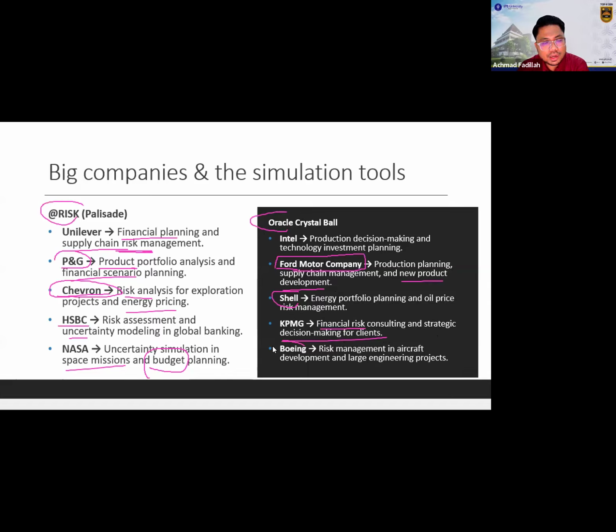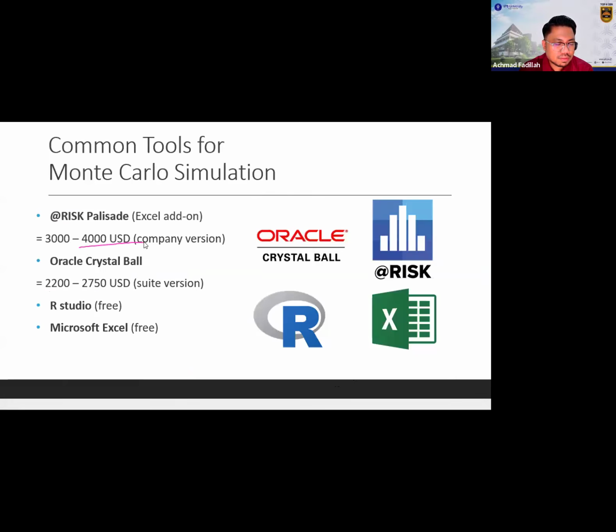And even Boeing, the airline manufacturer, uses Oracle for aircraft development management and large engineering projects. These are several examples. Many other companies also use simulation tools, either @Risk or Oracle or other very expensive ones, for their business.